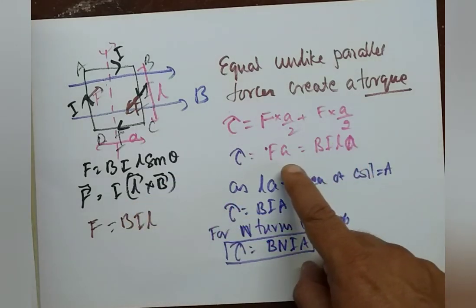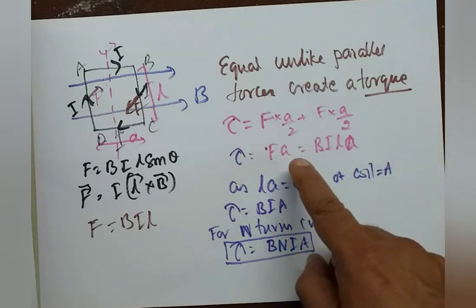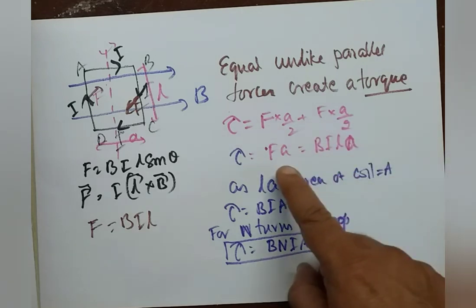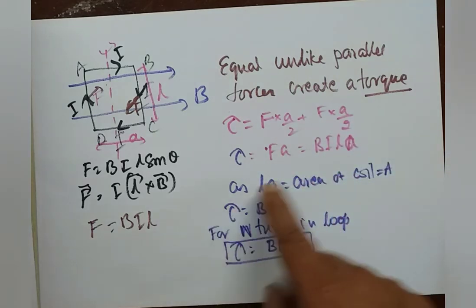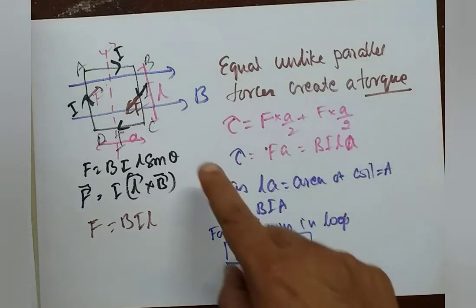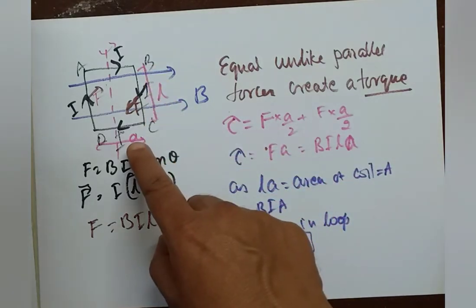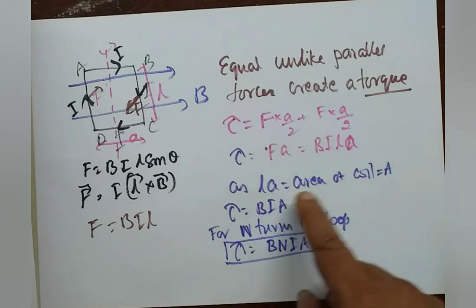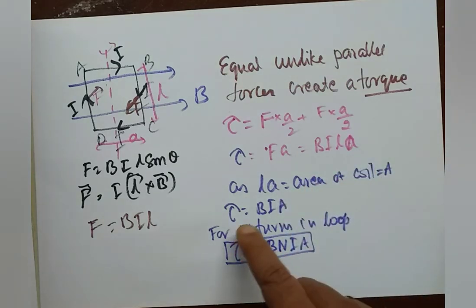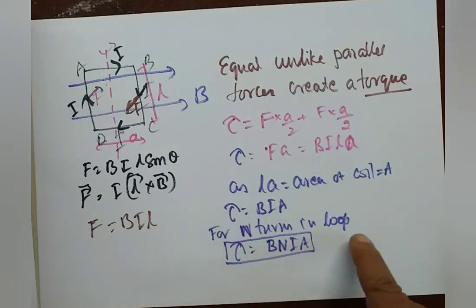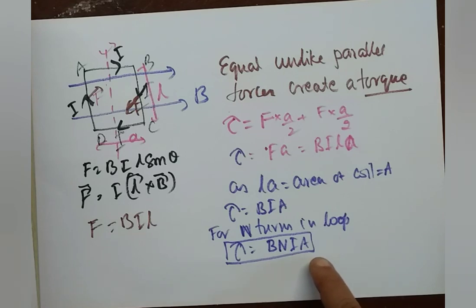Therefore, we get Fa by 2 plus Fa by 2 is F into A, or substituting for F, BIL into A, but L is the length of the coil, A is the breadth of the coil, L into A is the area of the coil, torque is BIA. For n turns in the loop, tau equals BNIA. So, this is the expression for torque in the special case when the coil plane is parallel to the magnetic field.